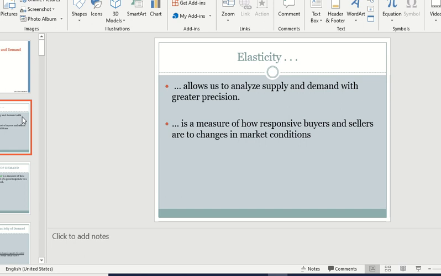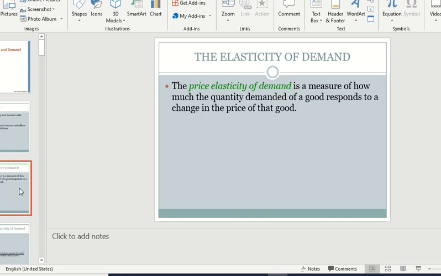Essentially, it measures how responsive buyers and sellers are to changes in market conditions. We're going to cover a few measures of elasticity in this course, but we're going to start with one of the most important ones, the price elasticity of demand.